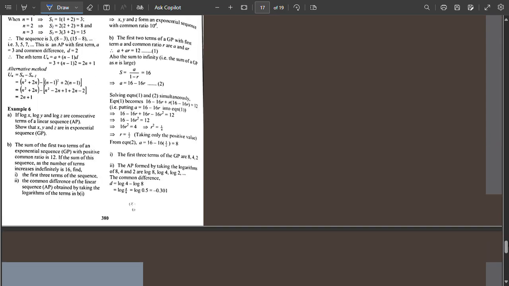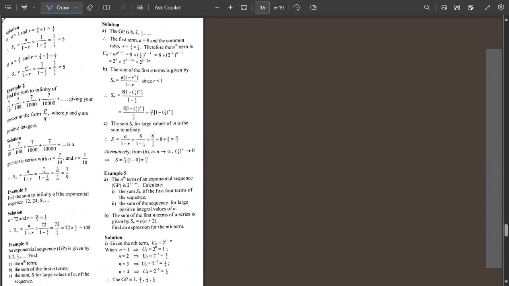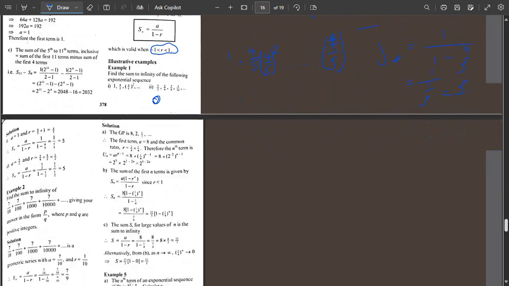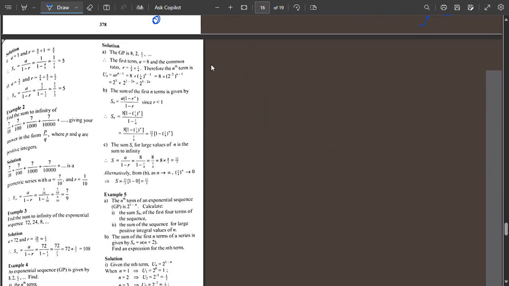So right, that is it for series and sequence. All you have to do is understand the concept. Once you understand the concept, you know your formulas.